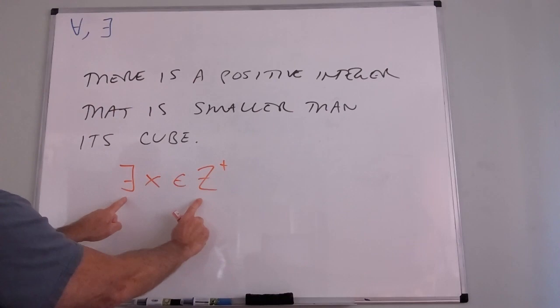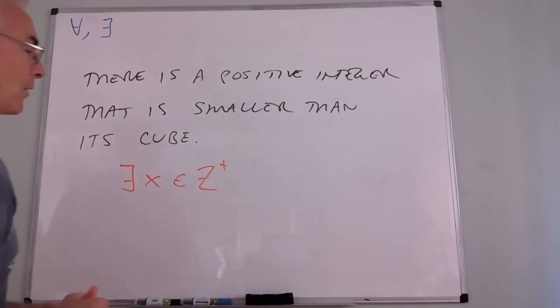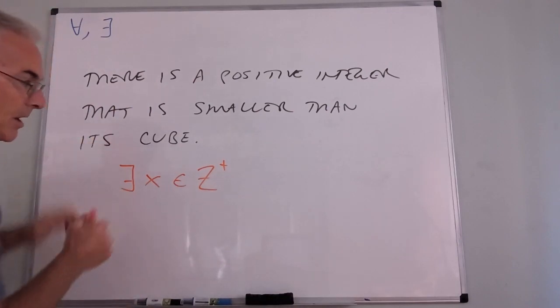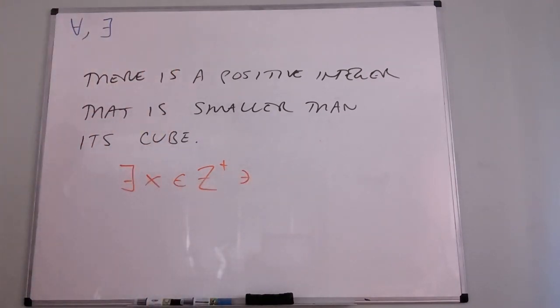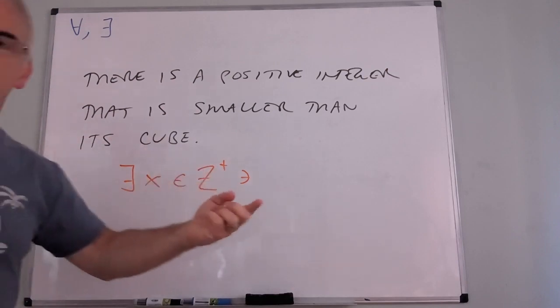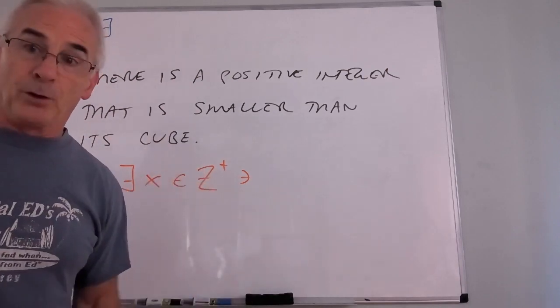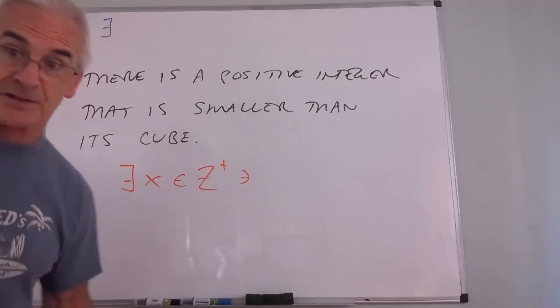So this says there is a positive integer. Now, with this always comes, I'm going to help you out, the such that. With a there exists, there must be a such that, otherwise the English doesn't follow. With a for all, there isn't a such that.